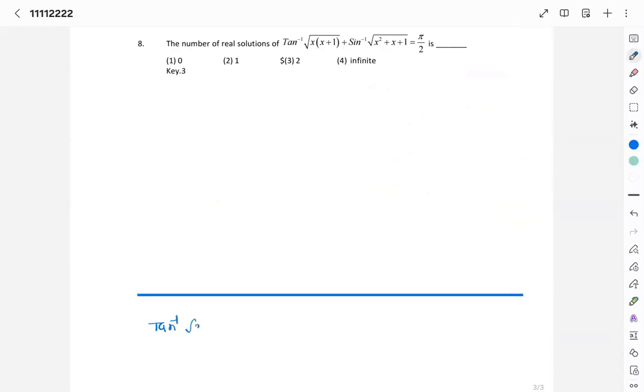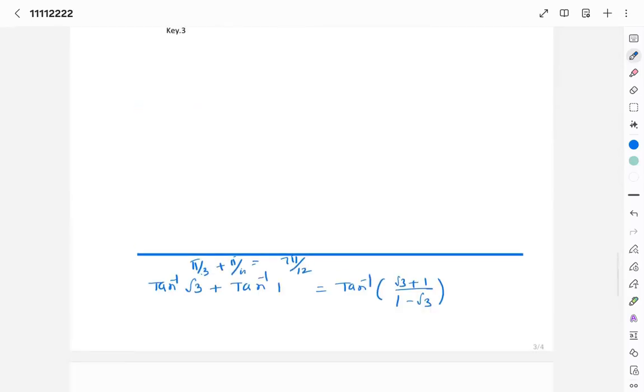Tan inverse root 3 plus tan inverse 1 is tan inverse of root 3 plus 1 by 1 minus root 3. Here, in fact, you have pi by 3 and pi by 4, 60 plus 45, 105, which is more than pi by 2. If I write it with the usual formula, what is the trouble? Here you have to rationalize it.